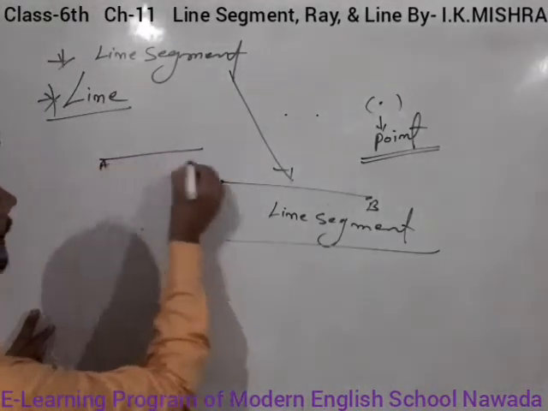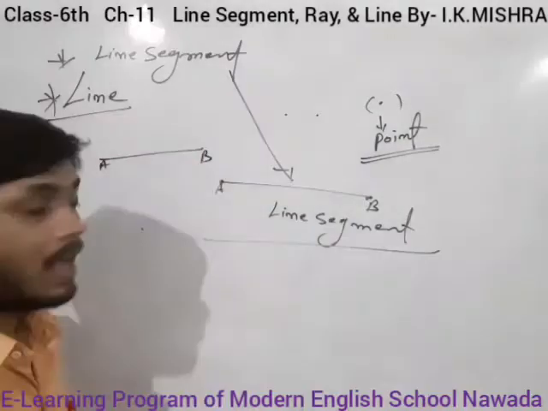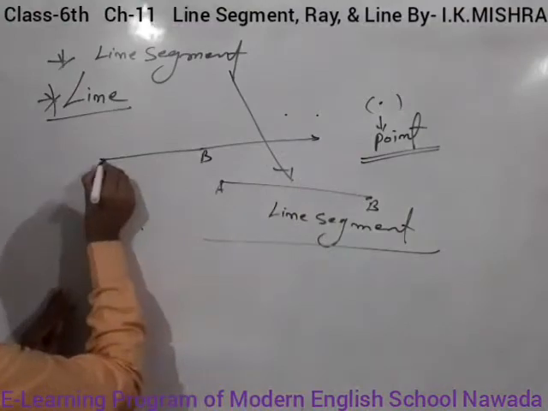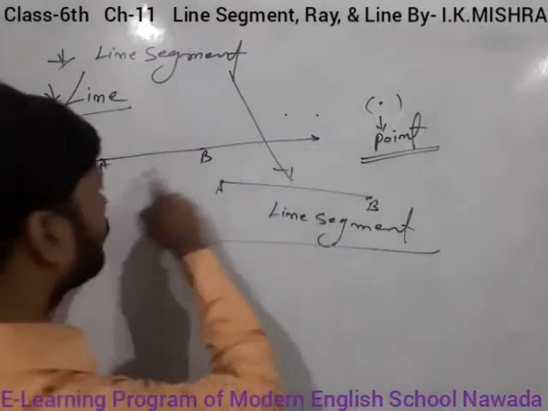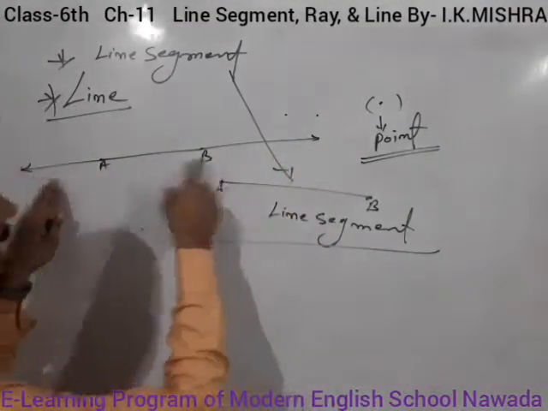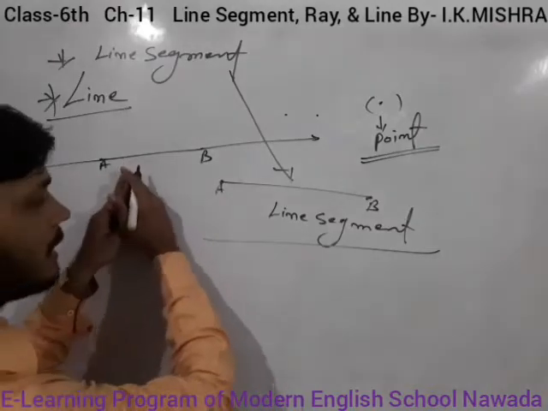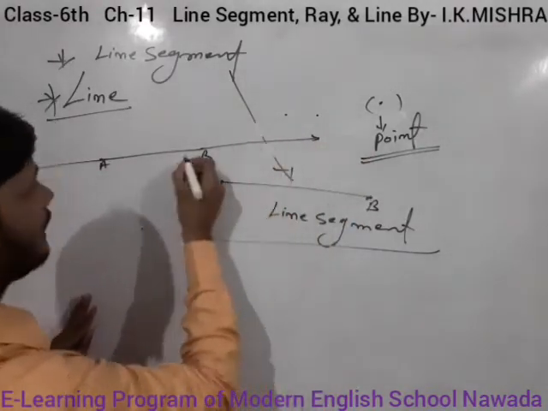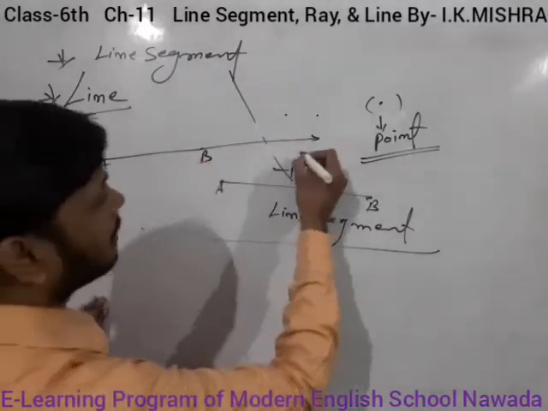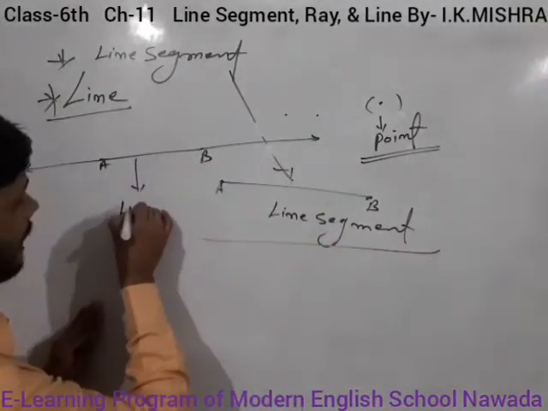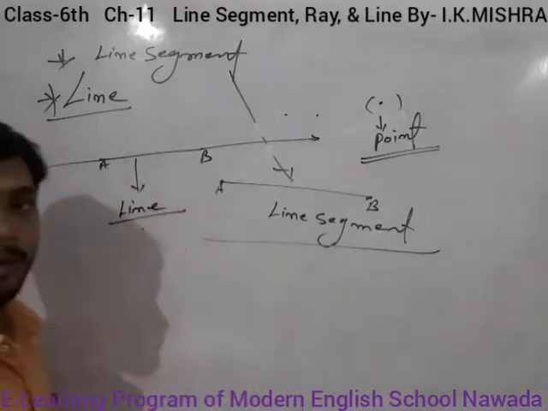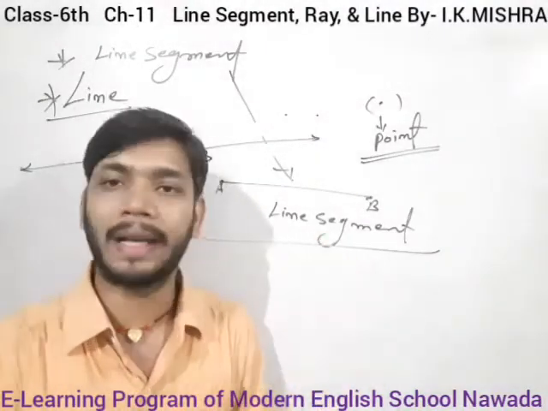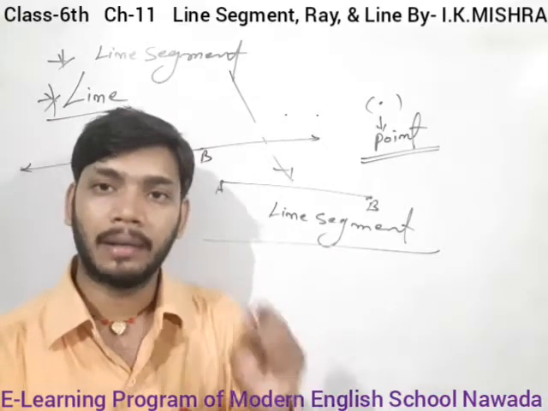Here AB is a line segment, and when it is extended in both directions, extended means put the arrow, then AB extended endlessly in both directions is a line. That means when a line segment is extended endlessly in both directions, that is called a line.